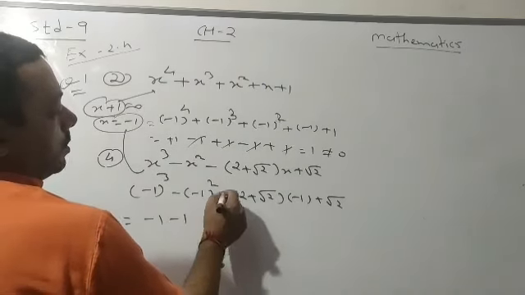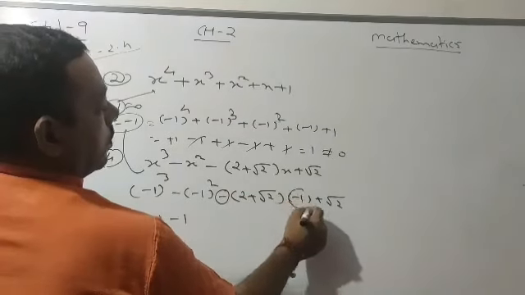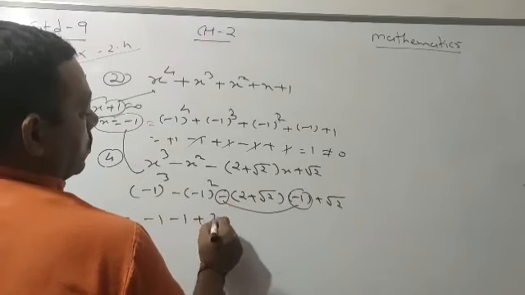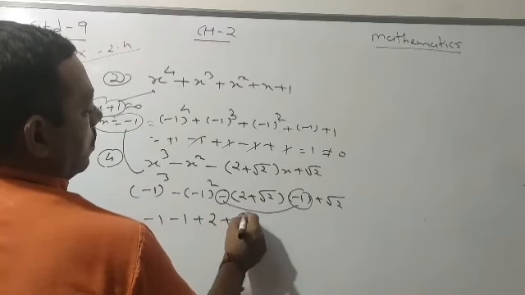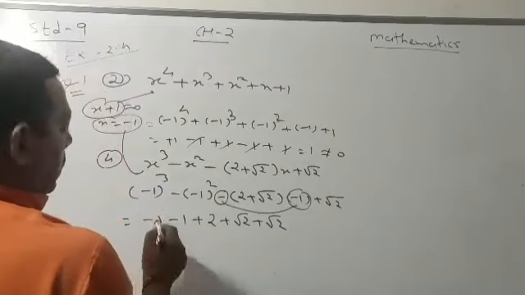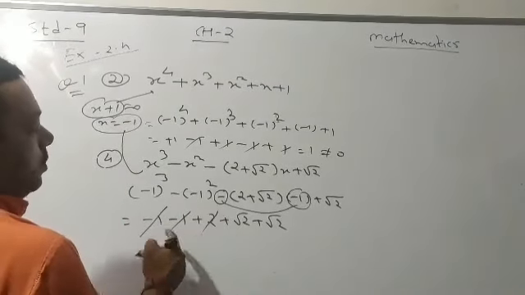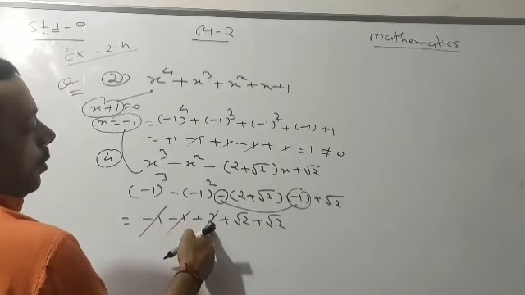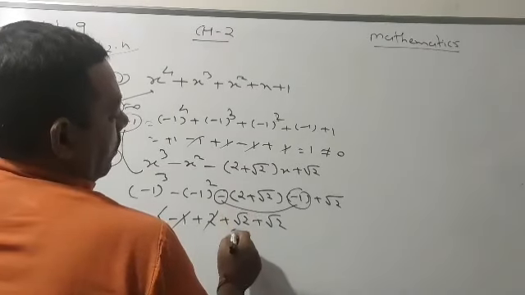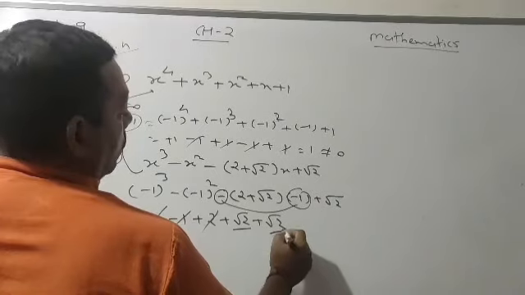Now this minus and this minus 1 mix up and it becomes plus 1. So we'll write plus 2 plus root 2 and the last is plus root 2. Now this minus 1 and plus 2, minus 1 minus 2 plus 2 get cancelled. Okay. So now left term is positive root 2, positive root 2.